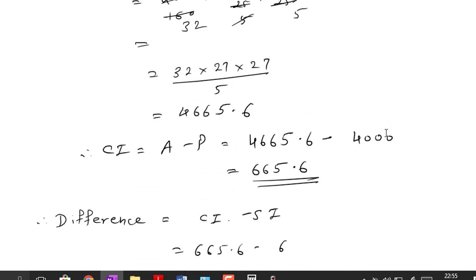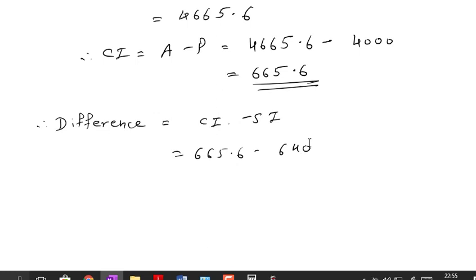So 665 minus 640. After the decimal I have 6, then 5 minus 0 is 5, 6 minus 4 is 2, so 25.6. This is the difference.